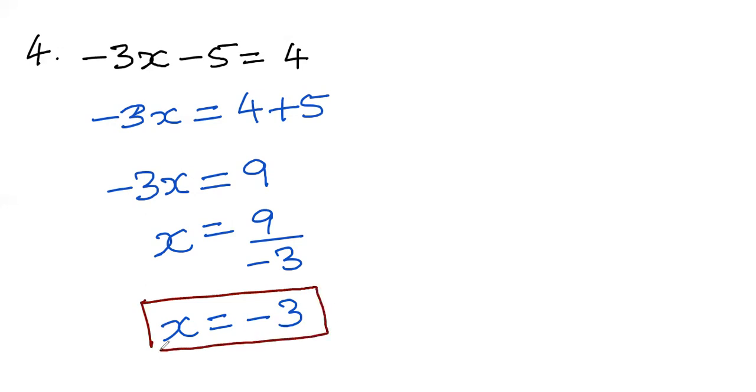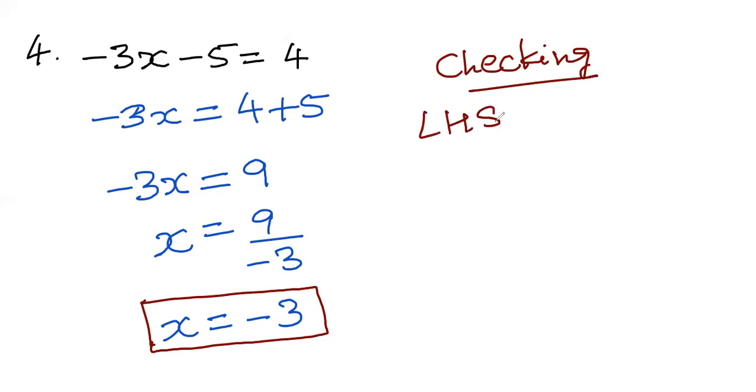So let's see whether our answer is correct. I will show you the checking here. Checking. So first we will write the left-hand side of the equation, which is minus 3x minus 5. We have to write minus 3 in place of x, because we have got x as minus 3 here.